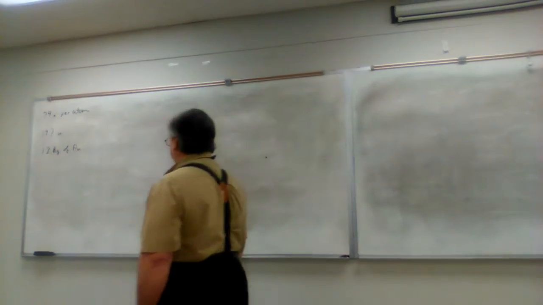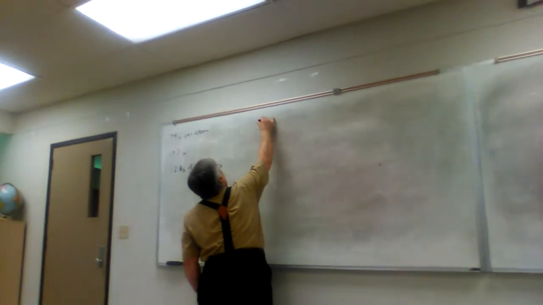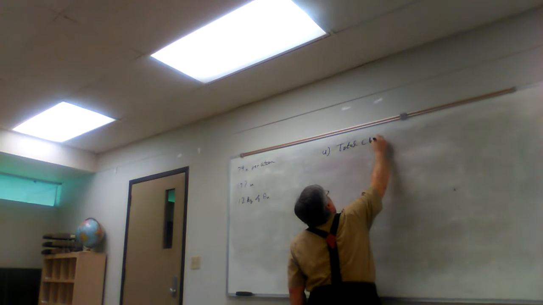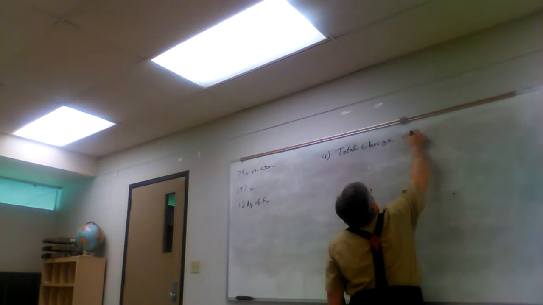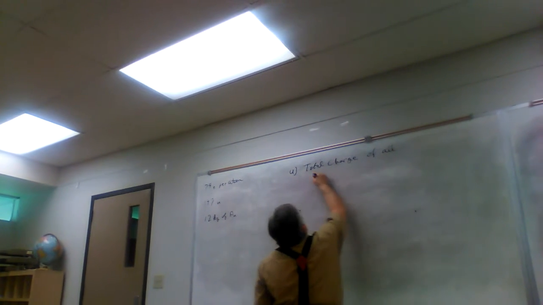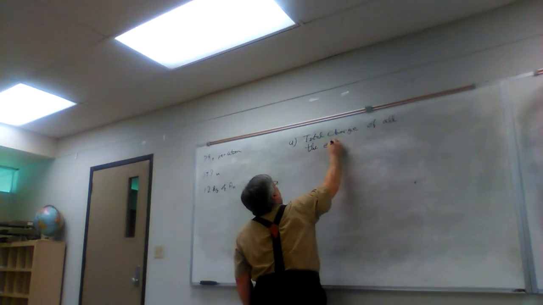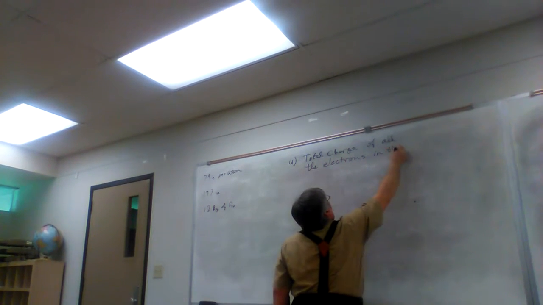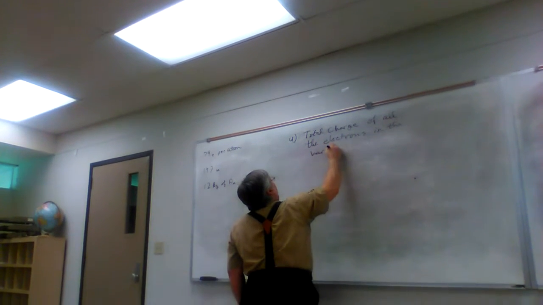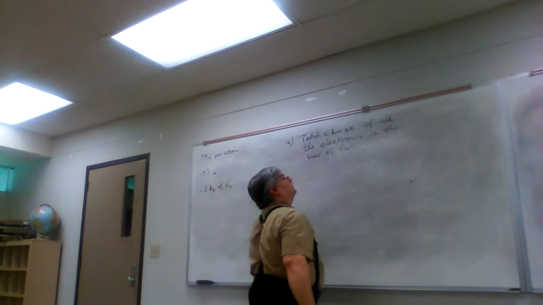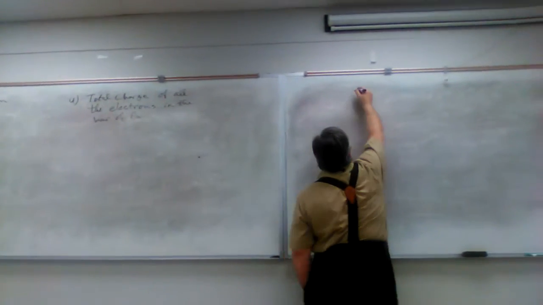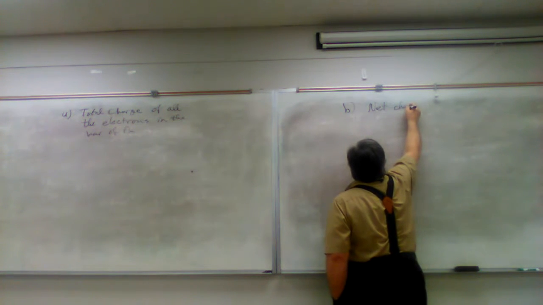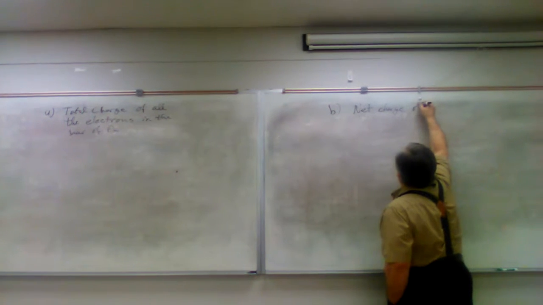So, A, the total charge of all the electrons in the bar of gold. And B, the net charge of the bar.